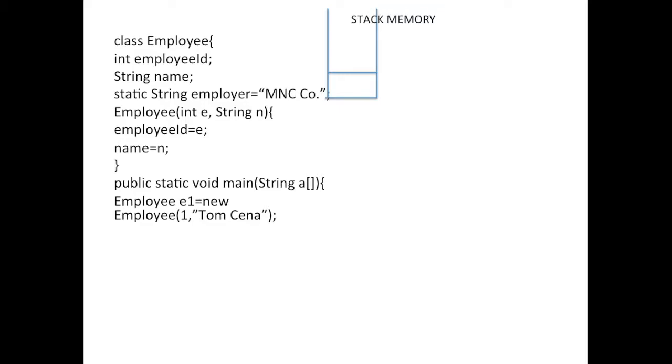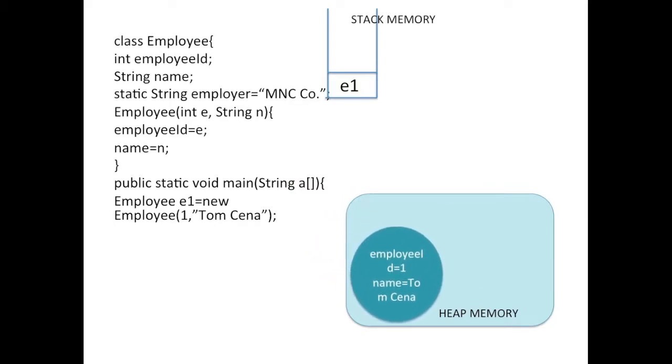Here's the stack memory. E1 gets inside it. This is the heap memory. The object gets stored inside this one. Now the static String employer resides in the class area.